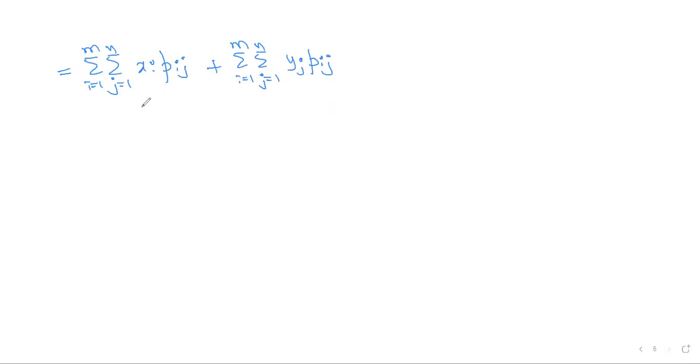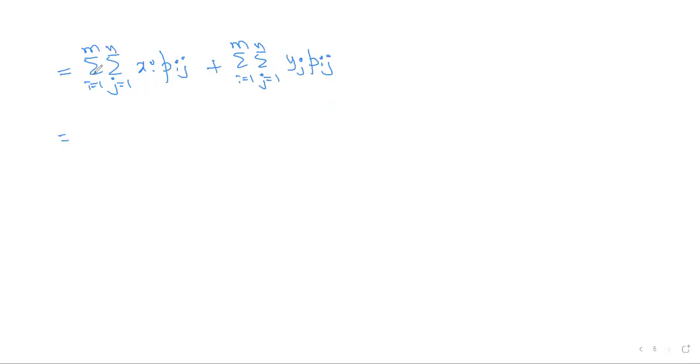Now what do we get? We get the double summation, i from 1 to m, j from 1 to n, of xi pij, plus, as it is, the double summation, i from 1 to m, j from 1 to n, of yj pij.